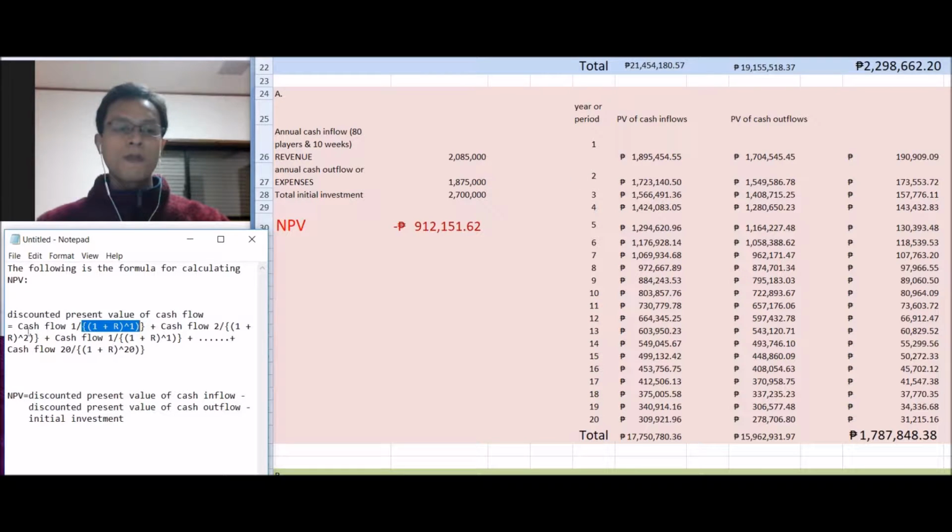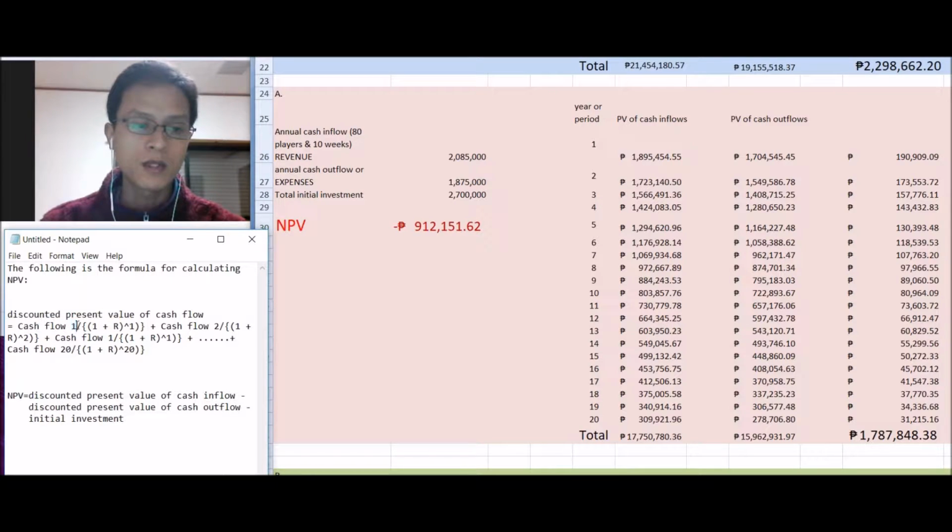So if you're on the first year, the exponent that you're going to use should also be the year that you are on.